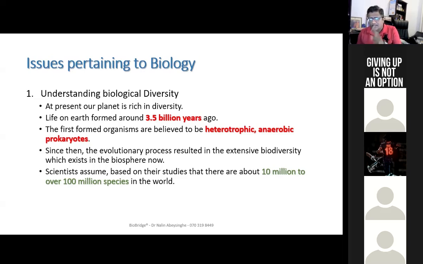So that's what we are telling here, right? Our planet Earth is rich in biodiversity. There are a huge number of plant species and a huge number of animal species in this world.